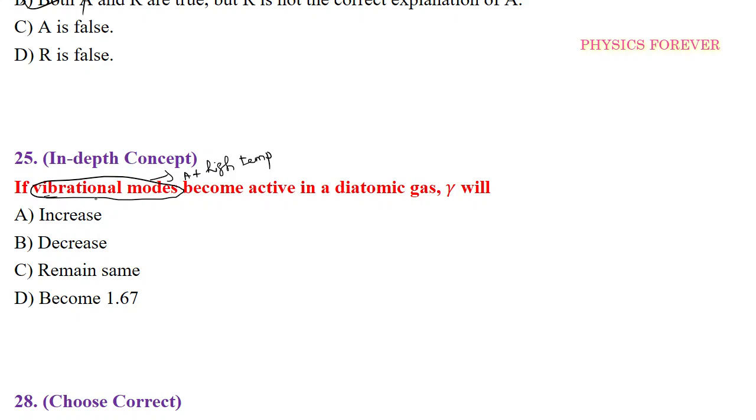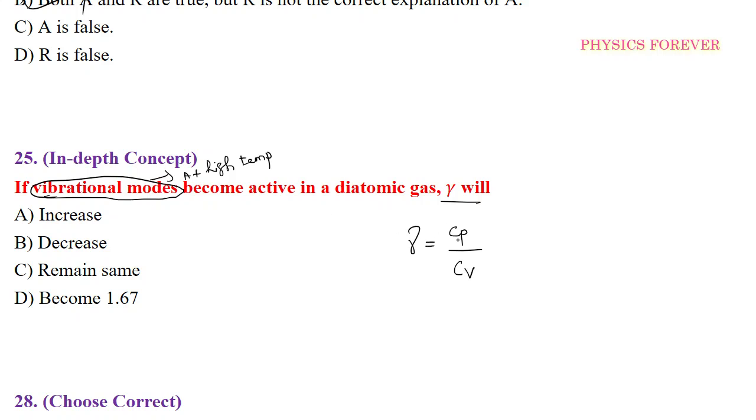If the vibration mode becomes active in a diatomic gas, then what will the specific heat ratio be? We know the relation when temperature increases. The specific heat ratio is the specific heat capacity at constant pressure divided by the specific heat capacity at constant volume.